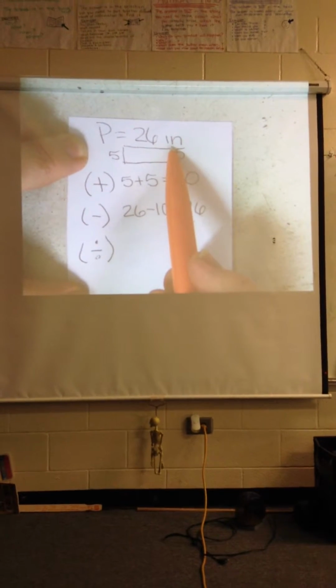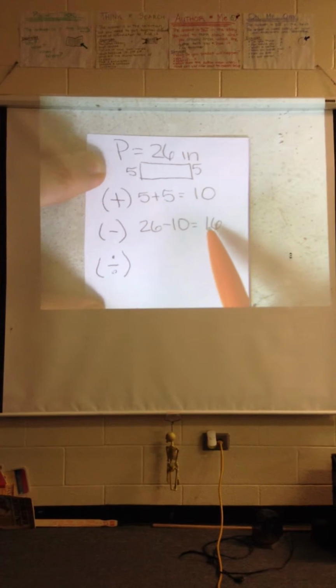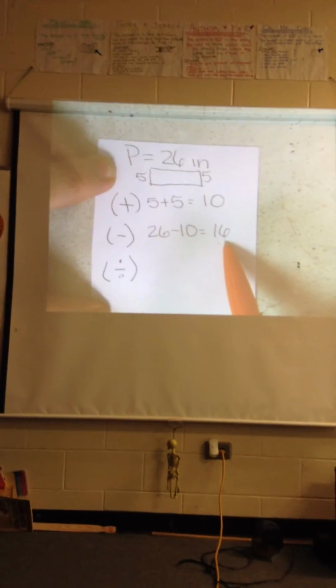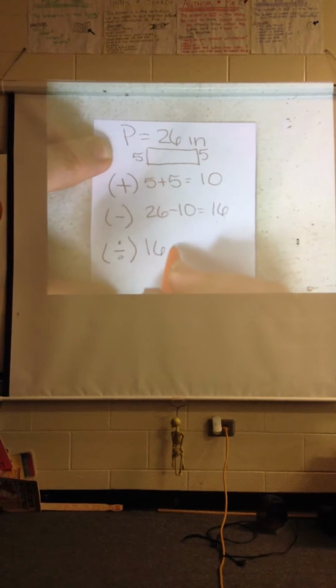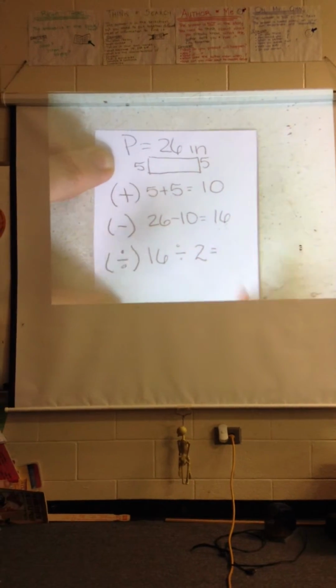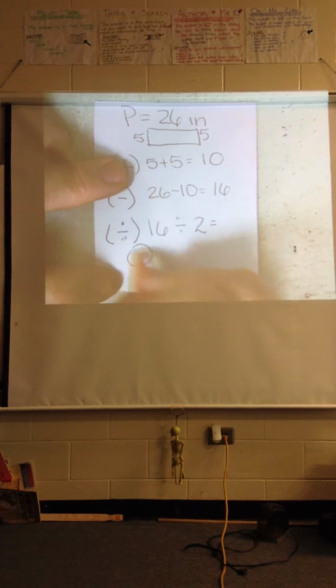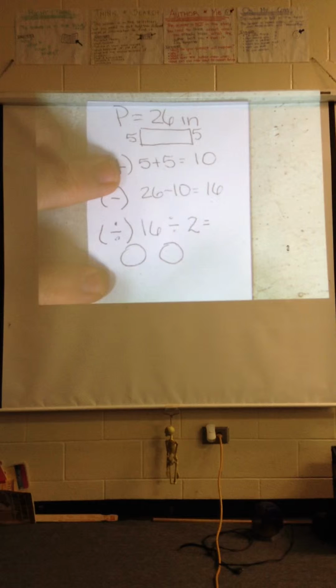I know what I have to do is divide them evenly. I have 2 sides left. They are equal sides. And I need to find out what they are. So I am dividing by 2. 16 divided by 2. If you don't know what that is, you draw your 2 and you put 16 in there.